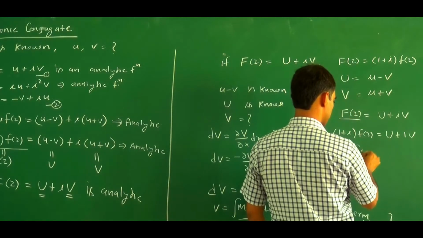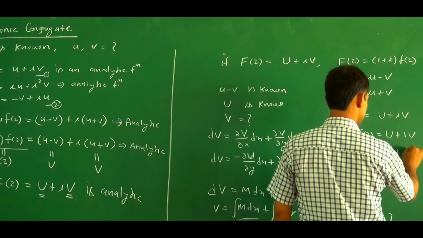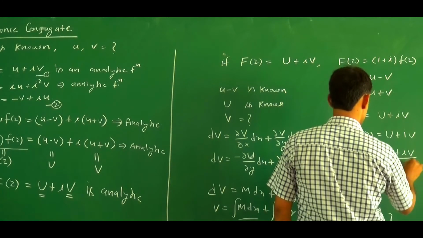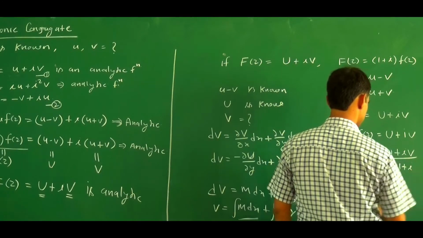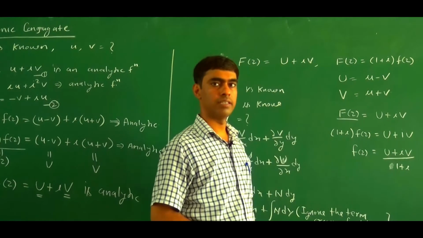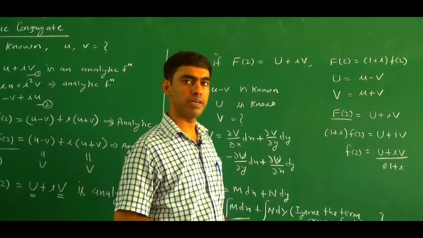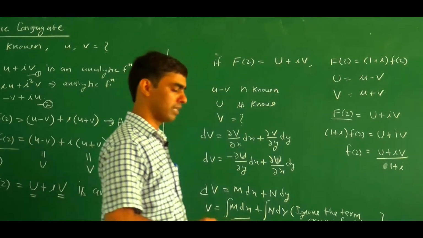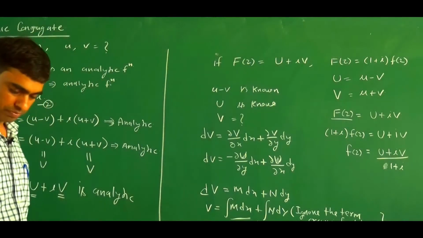So fz equals U plus iV divided by 1 plus i. Then we find small fz. Once we find small fz, we equate the real and imaginary parts, then we find the real and imaginary parts, meaning u and v of the analytic function.